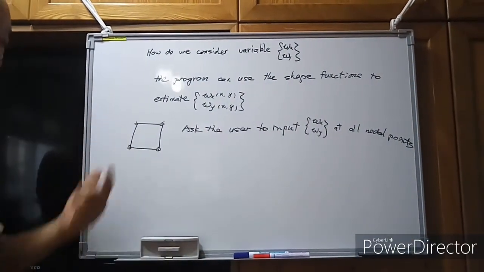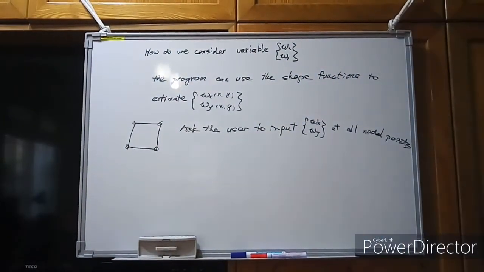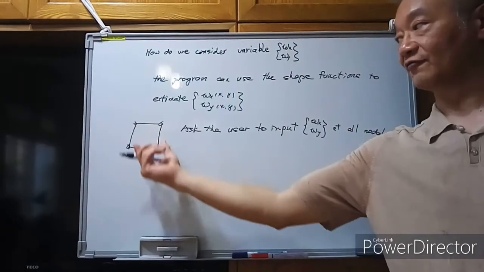For example, if we use the 4-node element, then we can ask the user to input the Wx and the Wy for all the 4 nodal points.